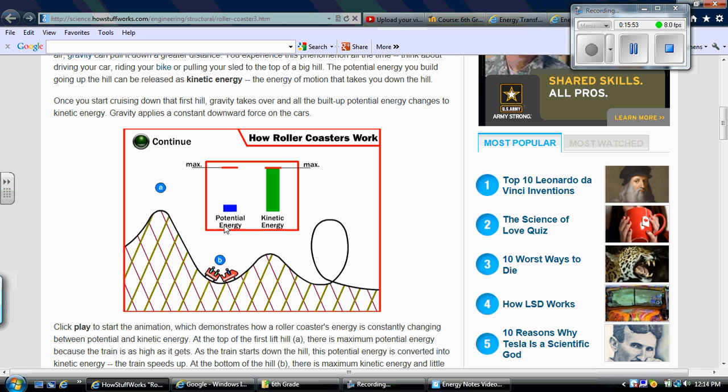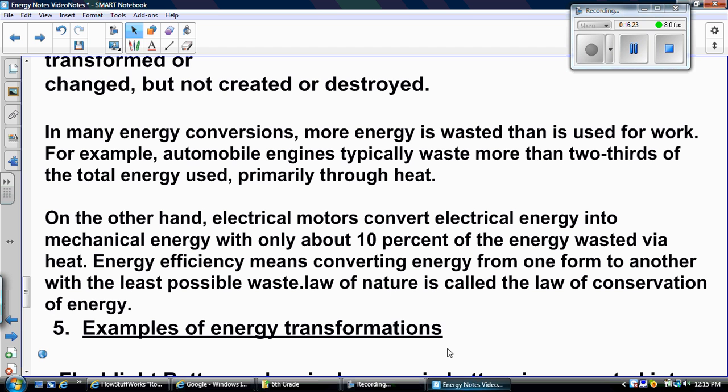What that means is some of that potential energy got converted into the mechanical motion of the wheels, but due to the force of friction, which is a force that goes against motion, when the wheels move against the tracks, some of that potential energy is converted into heat energy. So that's why it's never 100% efficient when you convert energy. You will never have that. But what you do try to get is the most efficient way.